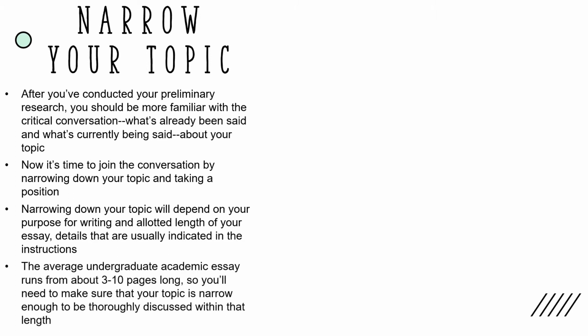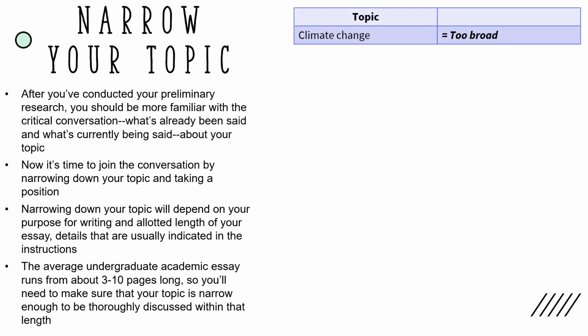The average undergraduate academic essay generally runs from about 3 to 10 pages long, so you'll need to make sure that your topic is narrow enough to be thoroughly discussed within that length. For example, the topic climate change by itself is too broad to write about in 3 to 10 pages.